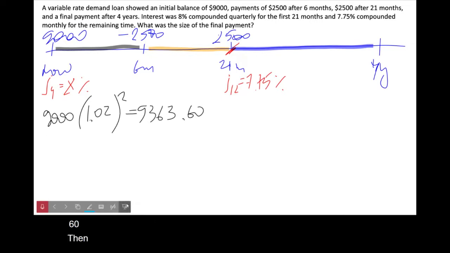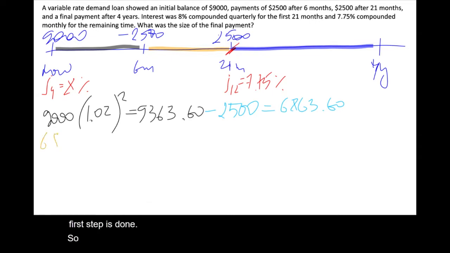Then I have payment of 2,500. So balance will be 6,863.60. First step is done. So next, 6,863.60.